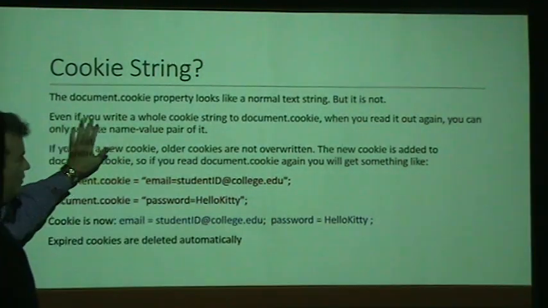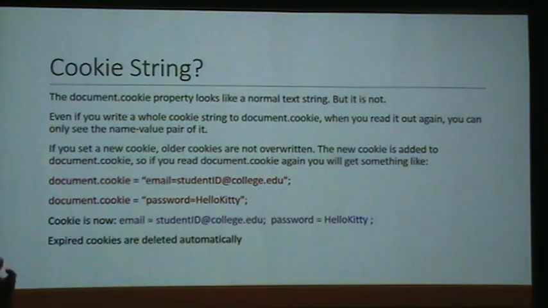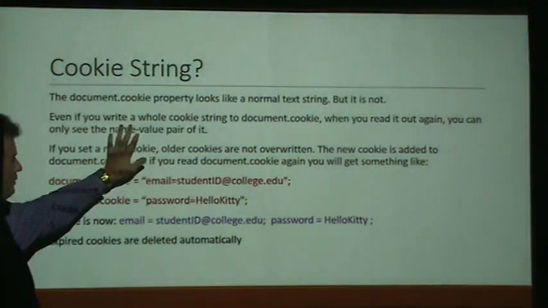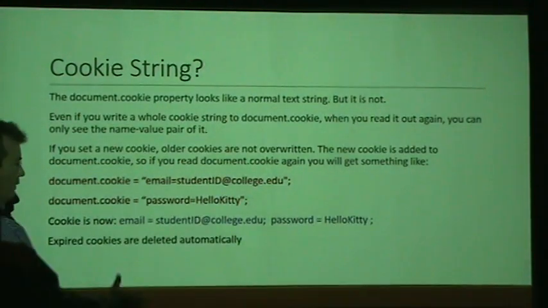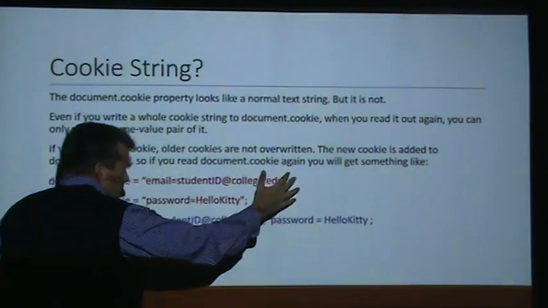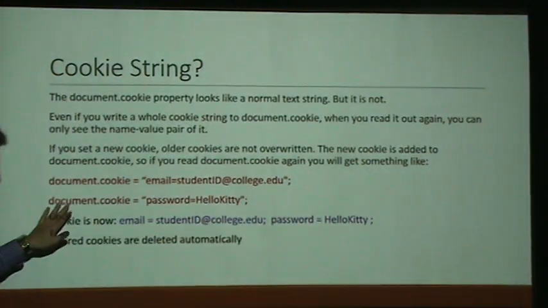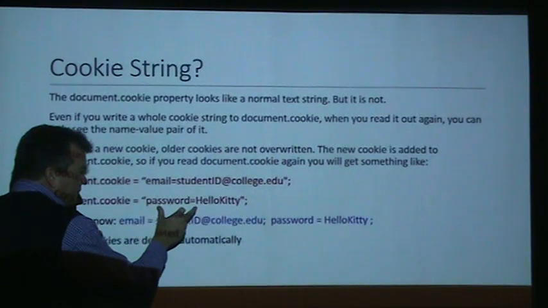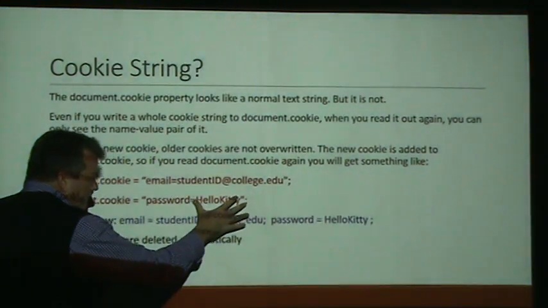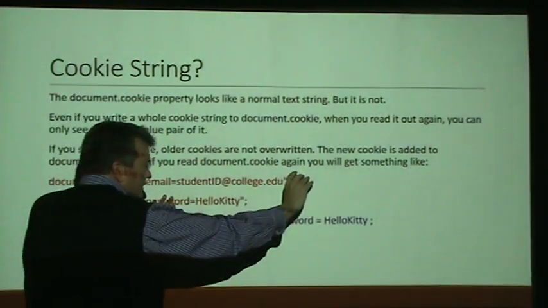Even if you write a whole cookie string to document.cookie, when you go to read it again, you will only see the new value pair that you added to it. So for example, if we had email equals some student, and then you later said document.cookie equals password, password's Hello Kitty, you might think you blew away this part of the string, but you didn't.